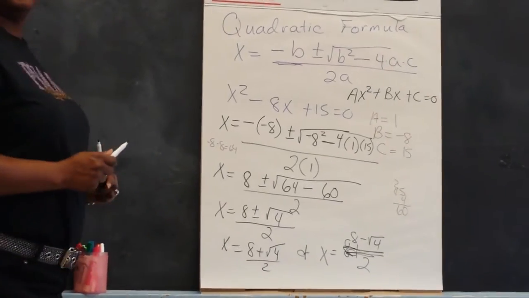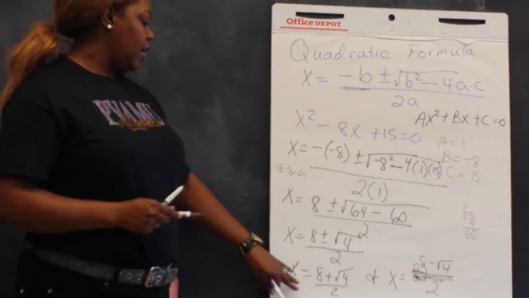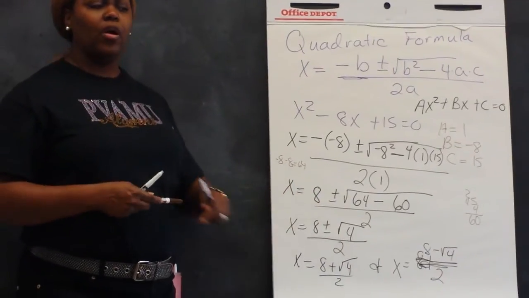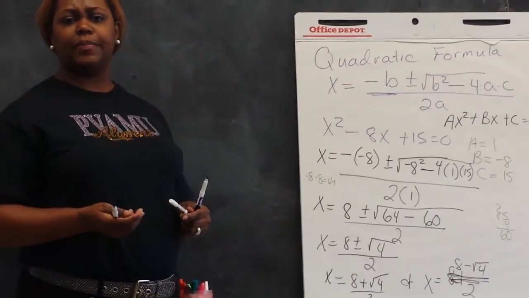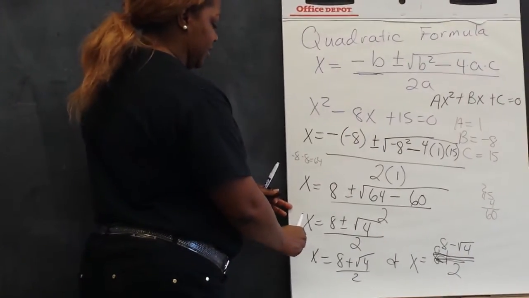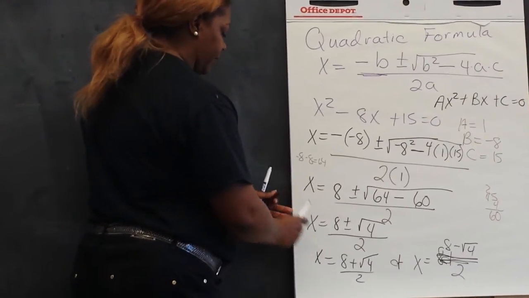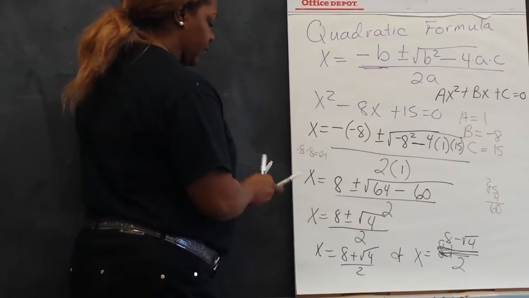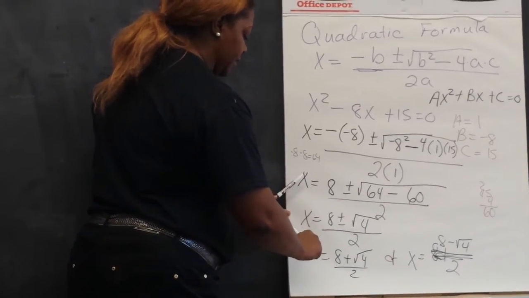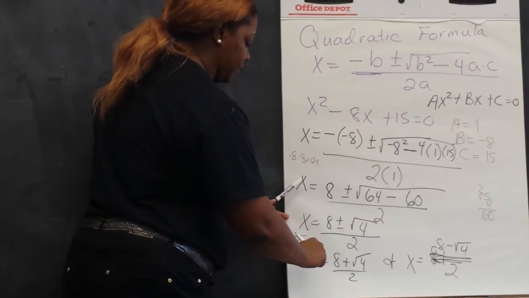Okay, now, if we look at the square root of 4, it happens to be a perfect square, which is 2. And over to the side, the square root of 4 is the same thing as 2 times 2.